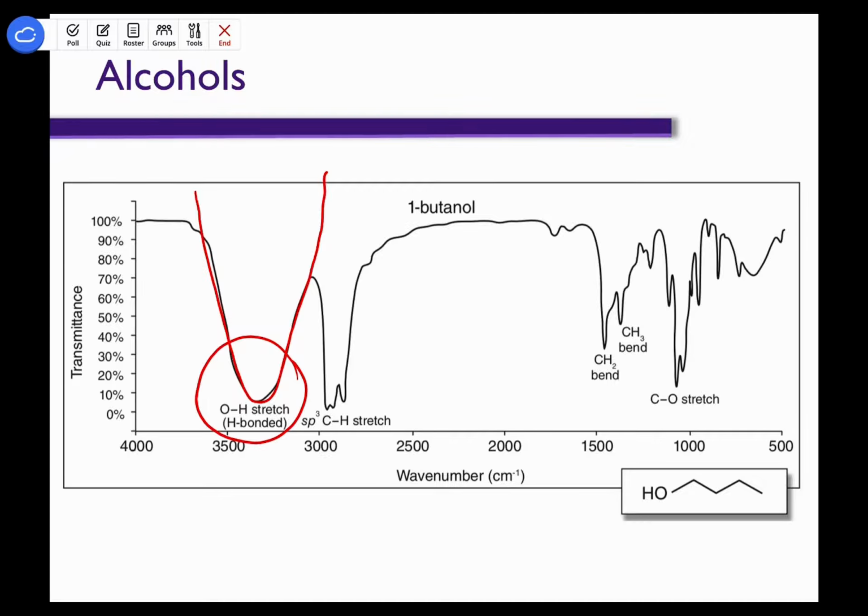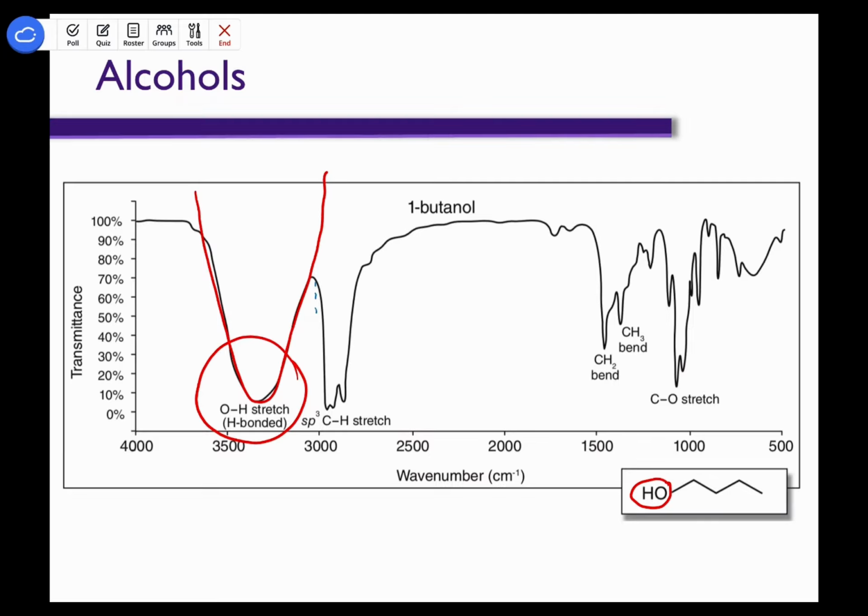It falls in the expected wave number region, around 3,200 to 3,500 wave numbers. And this is the oxygen-hydrogen stretch in this part of the molecule. It's very bold, very obvious, and it tells us that we have an alcohol functional group.